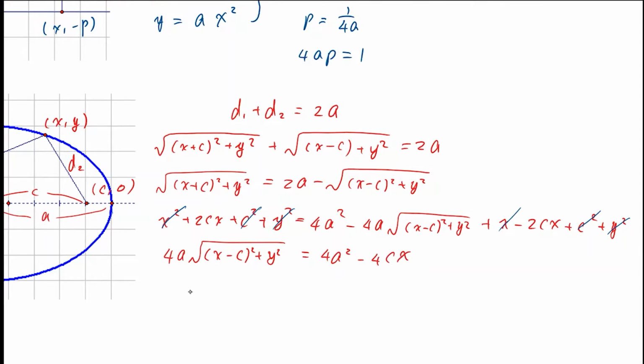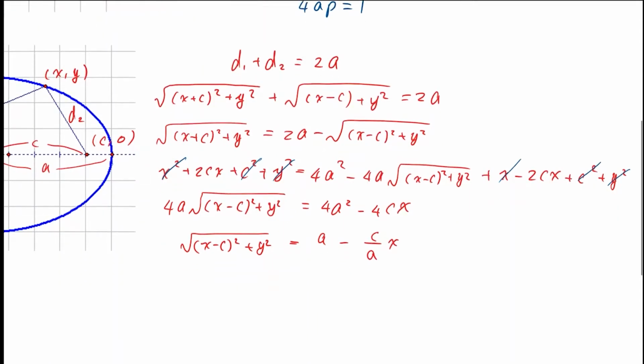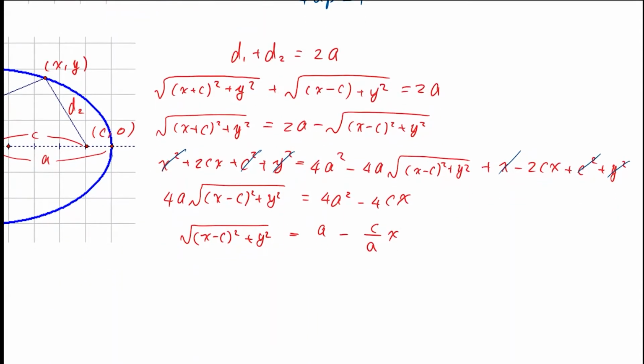Divide both sides by 4a, so I have square root of (x minus c) squared plus y squared is equal to a minus c over a, right? X. Still with me? Okay, now I square both sides. So this thing is x squared minus 2cx plus c squared plus y squared is equal to a squared minus 2cx. Too much algebra, right?